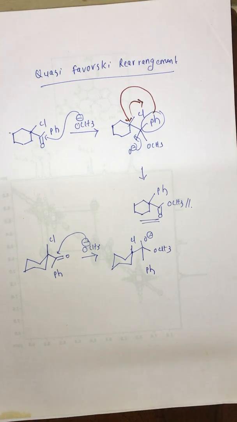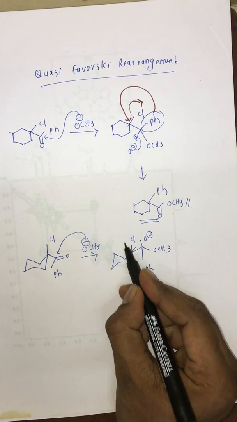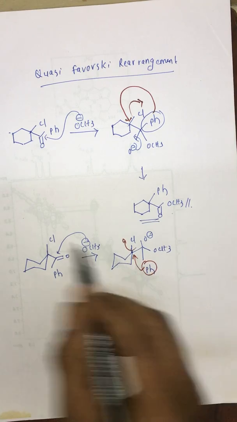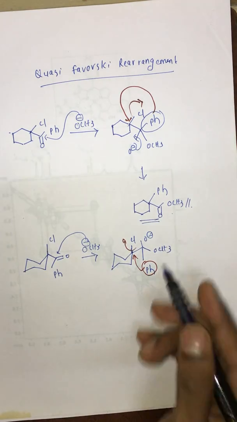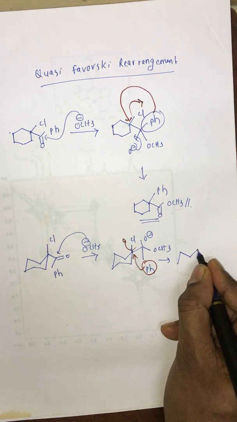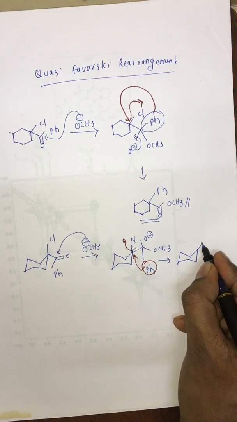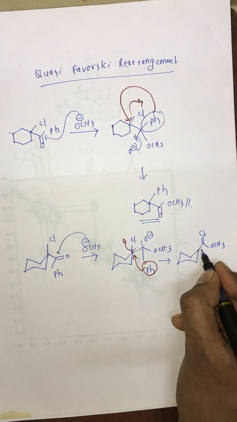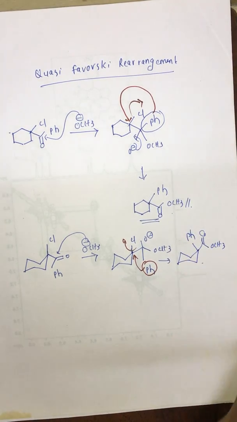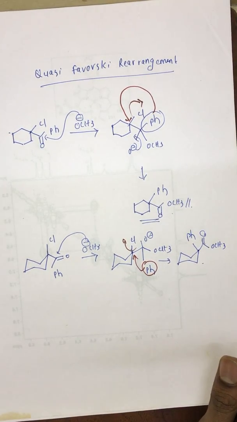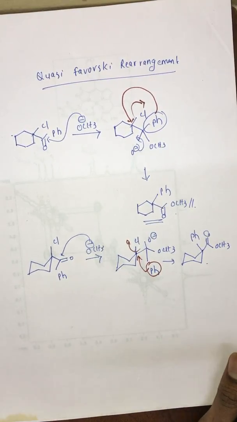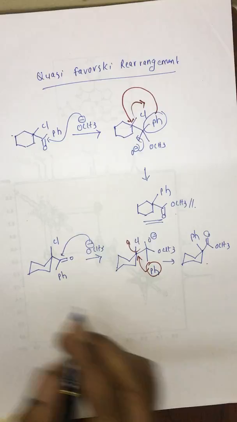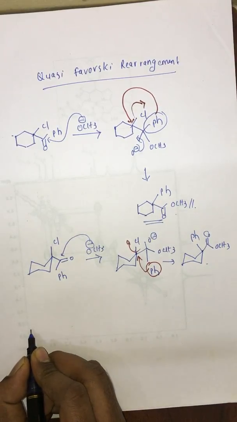Here also the same, chlorine is a leaving group, and phenyl goes and attacks this carbon, and we will end up with COOCH3 and Ph.